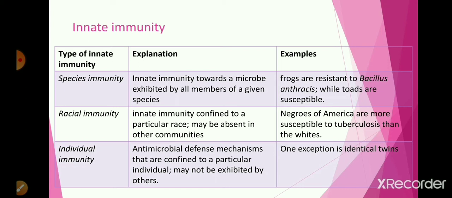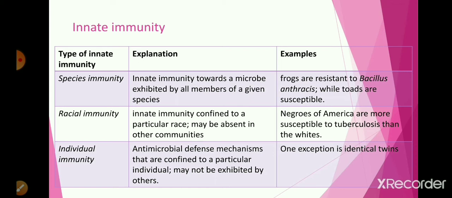For example, frogs are resistant to Bacillus anthracis while toads are susceptible. Both belong to the class Amphibia, but the species of frog is resistant to Bacillus anthracis, whereas toads are susceptible and can be infected by Bacillus anthracis.